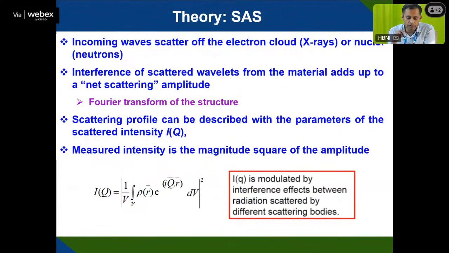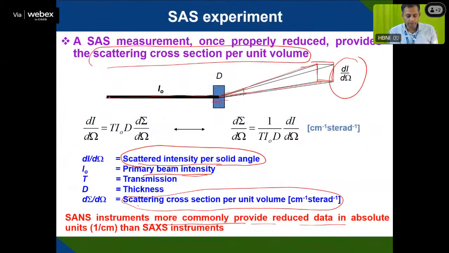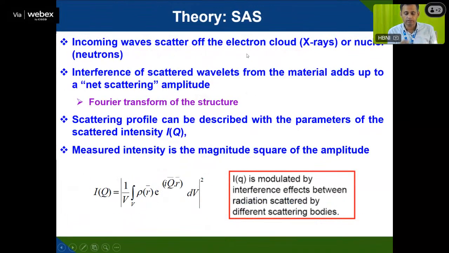So the incoming wave scatters off the electron cloud in case of X-ray, or the nuclei in case of neutron. That means you have an incident beam that is coming here, and it interacts with the electron cloud in case of X-rays, and the nucleus in case of neutron. So interference of the scattered wavelets from the material adds up to the net scattering amplitude.